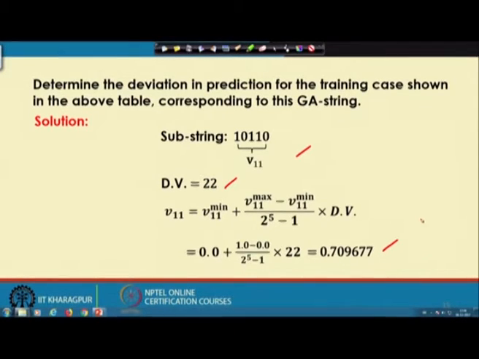So, you will be getting the real values. Using this linear mapping rule, we can find out what the real value should be. And what is the aim of this numerical example? The aim is to find out the deviation in prediction.